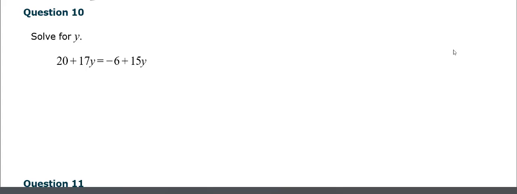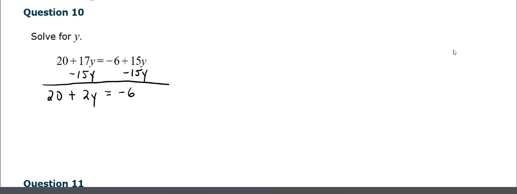So that means if there's any values of y in this case on the right-hand side, I need to move it to the left-hand side by taking the opposite. So that means I'm going to subtract 15y from both sides. So on the left-hand side I have 20 plus, and 17 minus 15 gives me 2y.